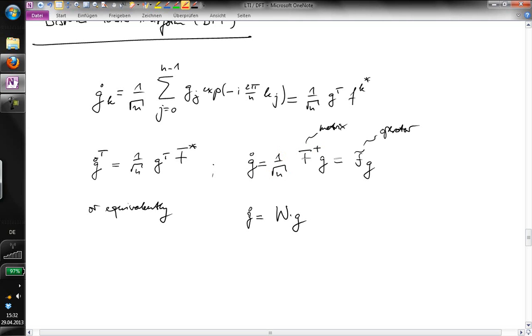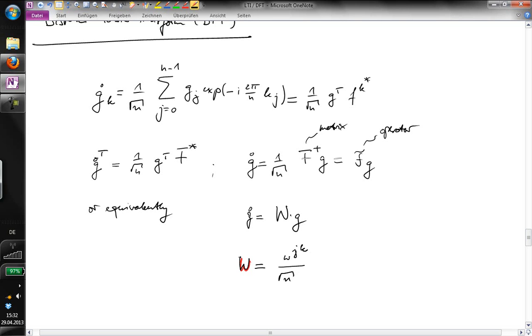And to hide these, we can define a matrix W, where W is small w to the power of j k divided by the square root of n.